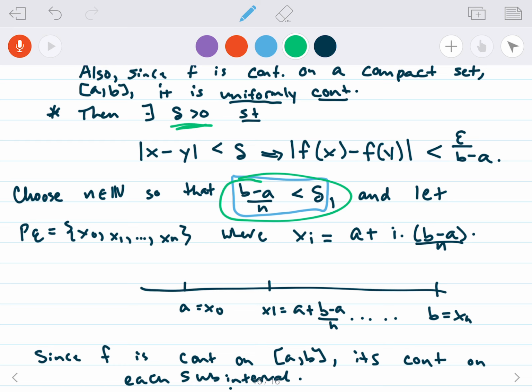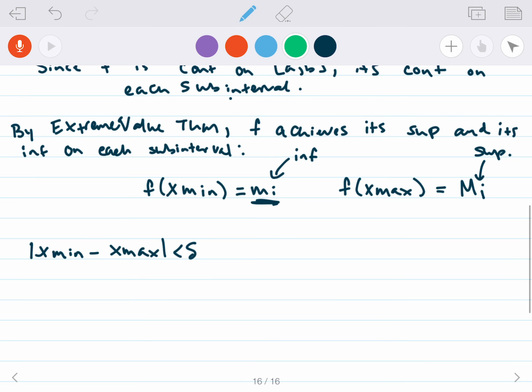If we're looking at the distance between two x values in a subinterval, and since this is less than delta, then certainly x min minus x max will be less than delta as well. Okay, so we have that, and by uniform continuity, that's going to imply that f of x min minus f of x max is going to be less than epsilon over b minus a.